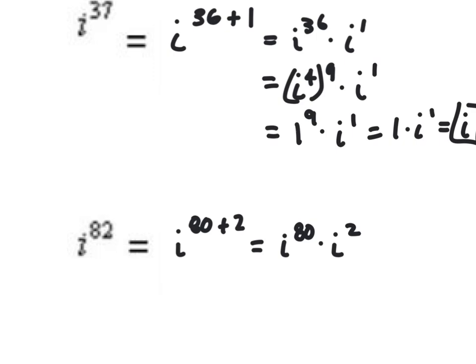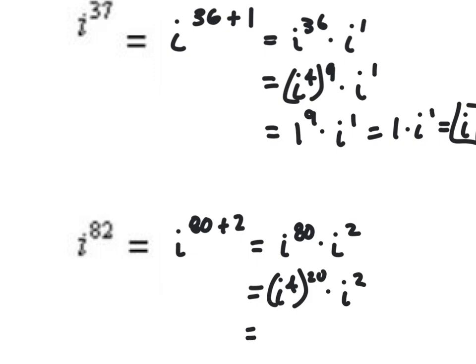So i to the 80th, let's rewrite that as i to the fourth raised to the 20th power. Now, when I raise a power to a power, I multiply. So 4 times 20 is going to give me 80, and then times i squared.